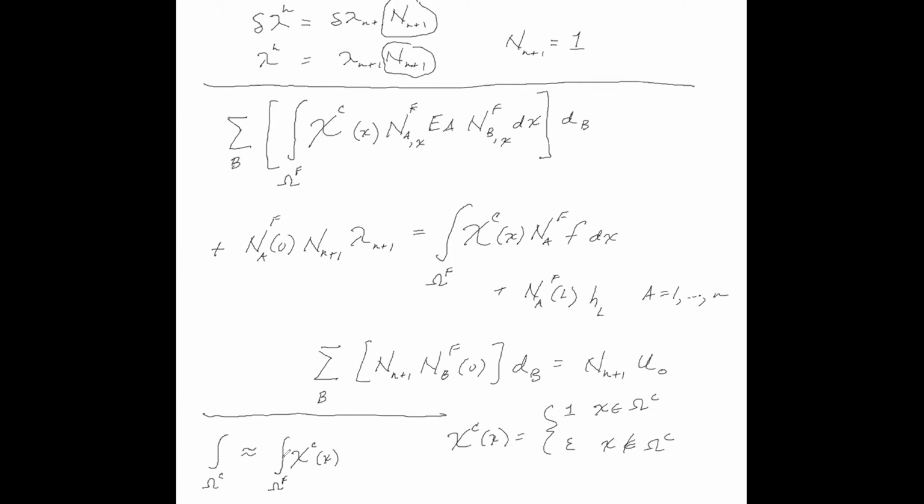Yeah, so basically what it says is if my CAD domain is this guy, and it could be arbitrarily complicated, well, I could create a simpler flex domain. And as long as my CAD domain lives in the flex domain, this domain is really simple, omega f.